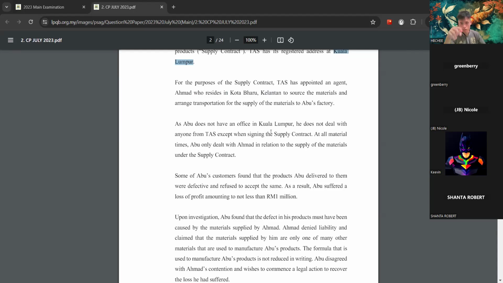That's why you can either file in Kelantan or in KL, because it fulfils Section 23 of your CJA also.